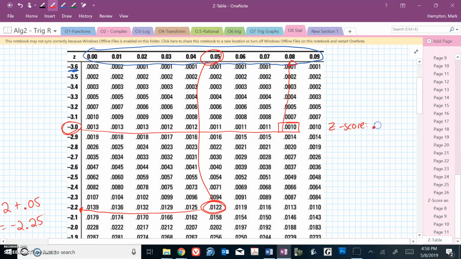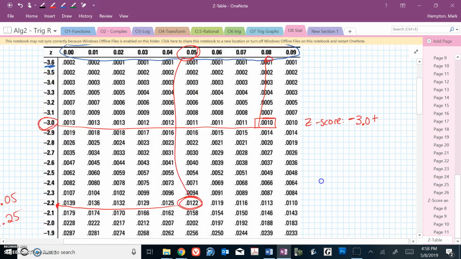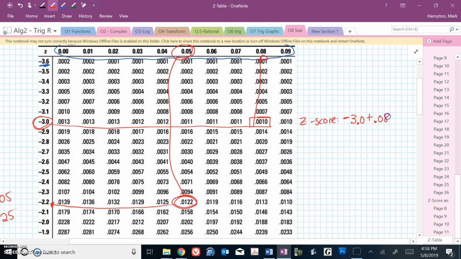So this must be a negative 3.0 plus 0.08. So this z-score would be negative 3.08. All right. So that's how we read a z-score.